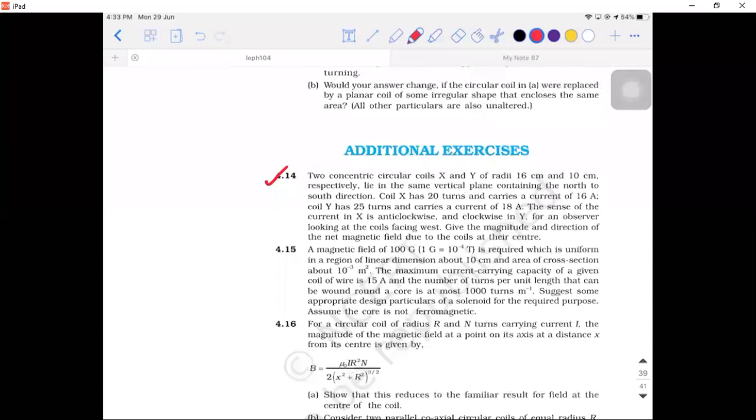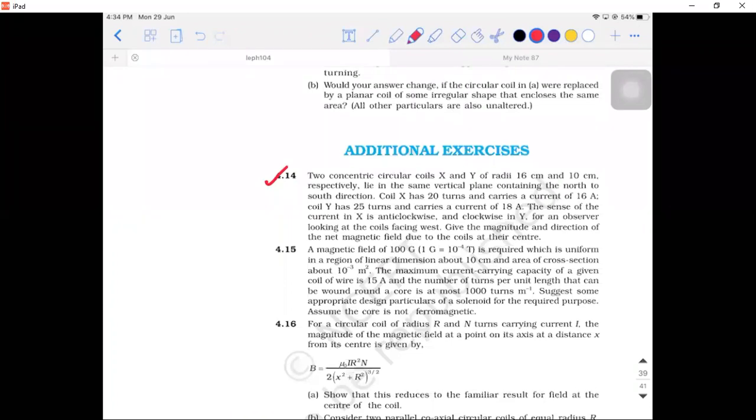There are two concentric circular coils X and Y of radii 16 centimeter and 10 centimeter respectively. They lie in the same vertical plane, containing the north to south direction. Coil X has 20 turns and carries a current of 16 ampere.